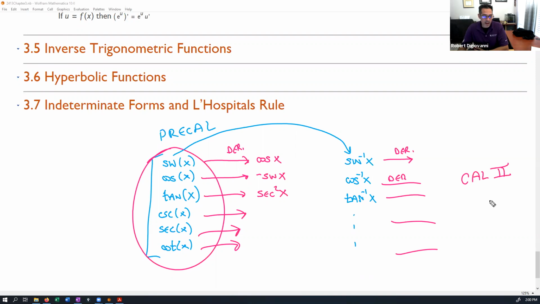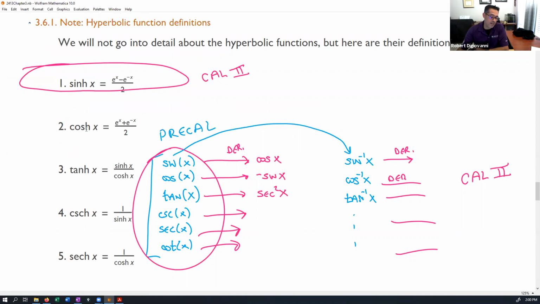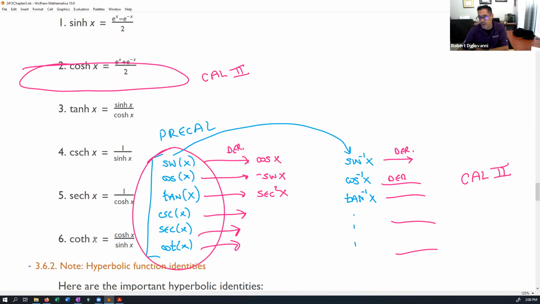And then after that, in Cal 2, you study what are called hyperbolic functions, which you have not seen at all. We define in Cal 2 what a hyperbolic function is. And after we define what they are, we say, what are the derivatives of those hyperbolic functions? It turns out there's a bunch of hyperbolic functions. You have sine hyperbolic, cosine hyperbolic, tangent hyperbolic, cosecant hyperbolic, secant hyperbolic, cotangent hyperbolic.